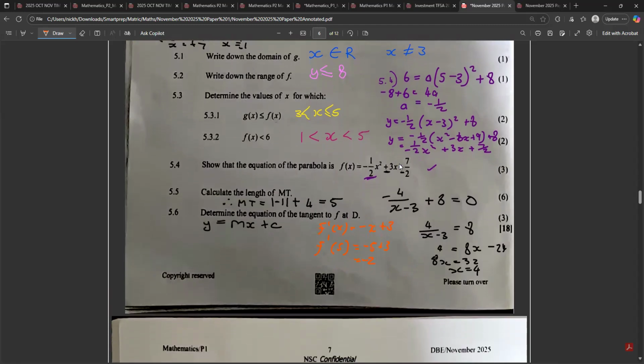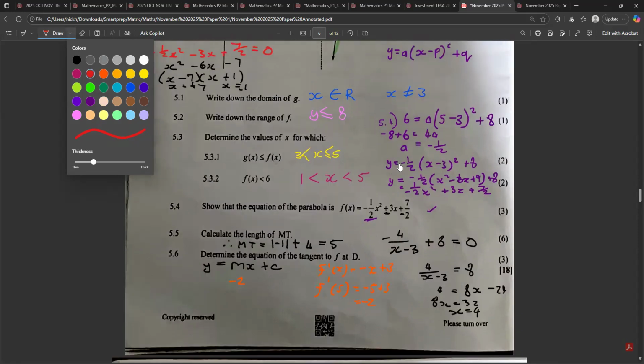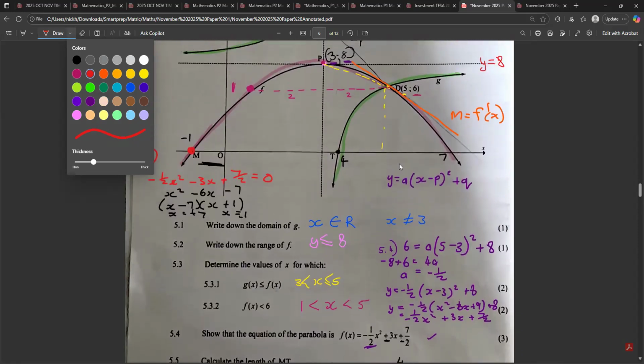Now I can do the negative 2. I just want to make sure I put that in right. Yep. Okay, and now I can sub in another point to get c. So my m is negative 2, and then I'm going to sub in that 5 and 6, right? That's the 5 and 6 that I had over there. I'm running out of colors to use. Let's use this light green.